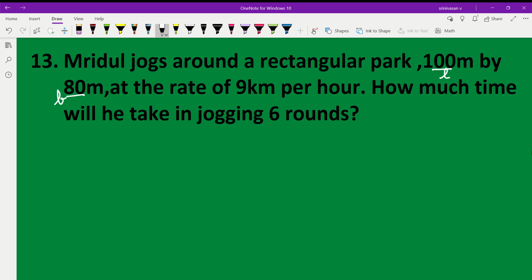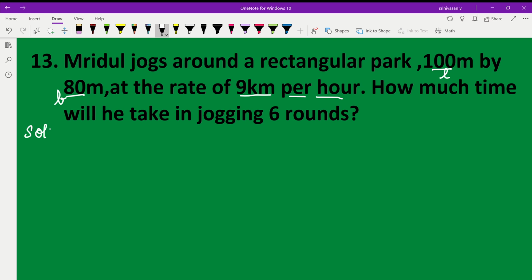So here the length and breadth of a rectangular park is given and the speed also given. The speed is 9 km per hour. We want to find how much time does he take in 6 rounds.